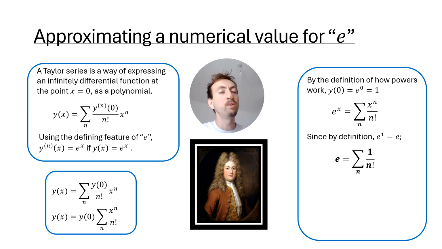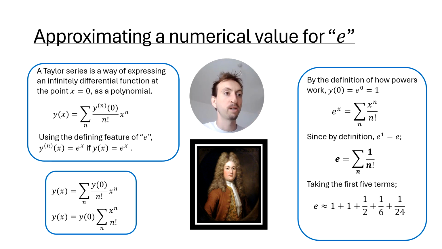So we only need the first few terms to get a good approximation for e, because the latter terms are going to be insignificant. They're going to be small compared to our first few terms. So if we look at the first 5 terms, we can kind of see this pattern. Now, to get a numerical estimation for e, I'm just going to use our first 4 terms, because 1 over 24 will have a negligible effect on our approximation for e.